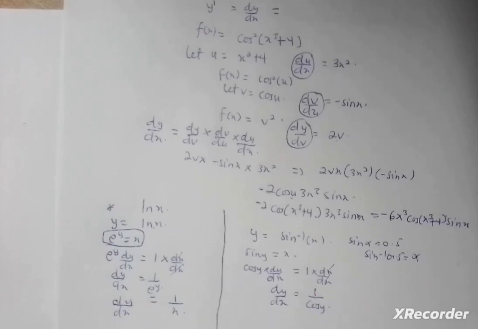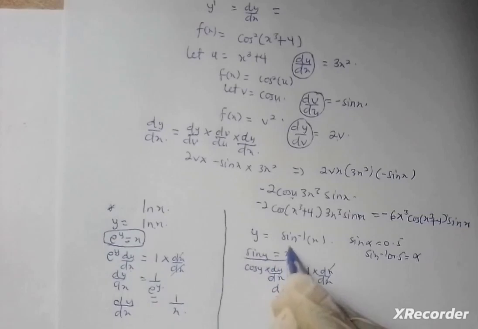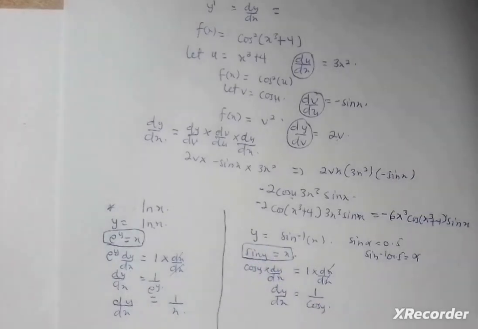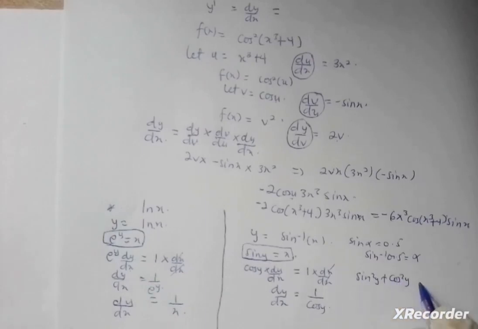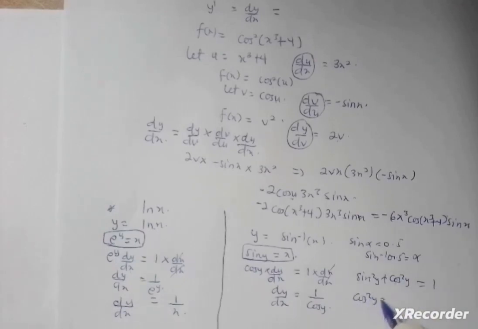Now what is cos y? From this expression, I know that sine y is x, but how will I get cos y? From the identity, sine squared y plus cos squared y is equal to 1, I can say that my cos squared y is simply 1 minus sine squared y.